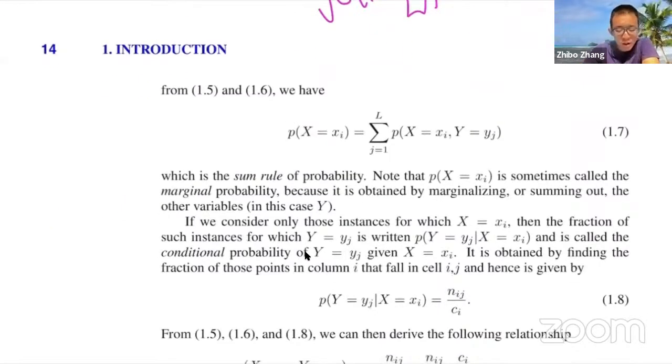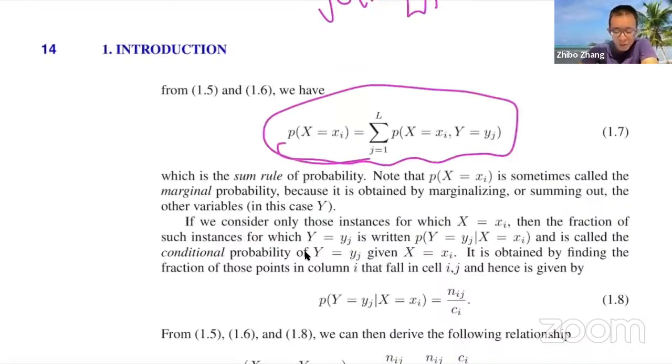And therefore, from 1.5 or 1.6, we have this. Basically we are summing over j equals 1 to L, which is the sum rule of probability. Note that P(X = xi) is sometimes called the marginal probability, because it is obtained by marginalizing or summing out the other variables. In this case, it's summing over all possibilities of y.